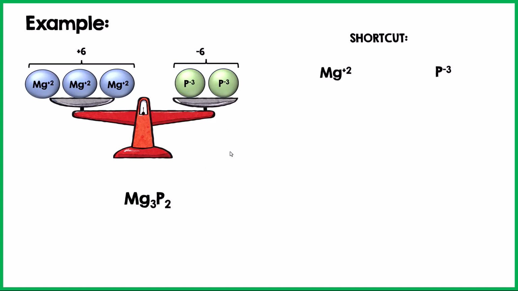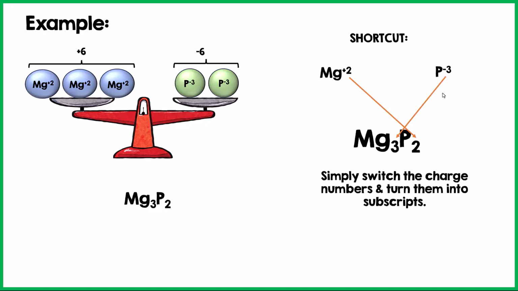And there is a shortcut method to doing this. If you look at the charges of each of these atoms or ions, magnesium has +2, phosphorus has -3. We can actually just swap those numbers and put the 3 by the magnesium, meaning that there are 3 magnesium necessary to balance that out.